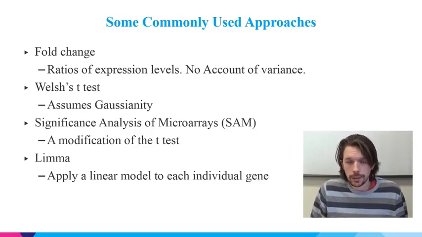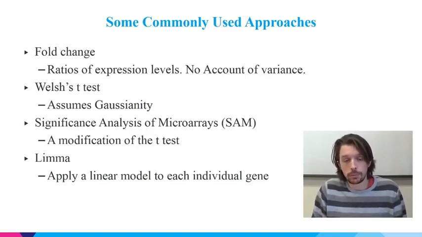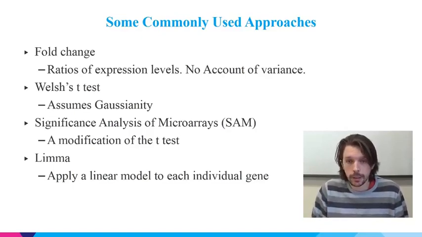The first is the oldest, the fold change, which is very simple. It just looks at the ratios of gene expression between two states. It takes no account of structure in the data or anything like that. The second is to use the Student t-test, or the Welch t-test.